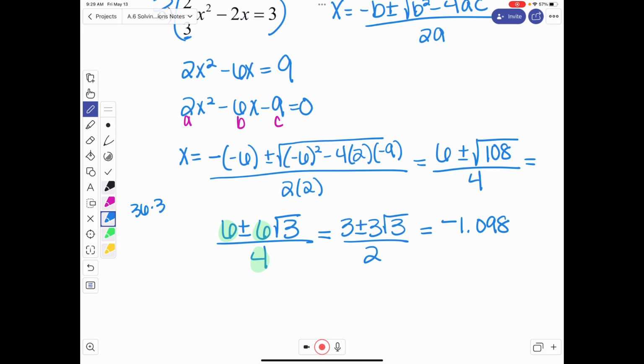Then do 3 plus 3 square root of 3, hit enter and divide by 2 to get a positive 4.098. So it may give you one or the other answer, either this one or this one, depending on which kind of answer it wants. All right. And so that will conclude solving equations.